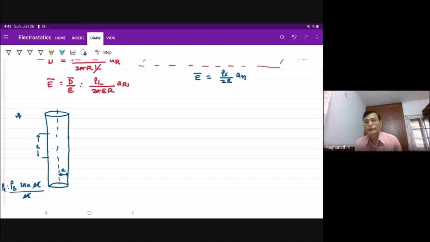My question is this. It's a cylindrical surface. Is it possible to determine the electric field intensity at any general point, inside or outside, due to this charge?